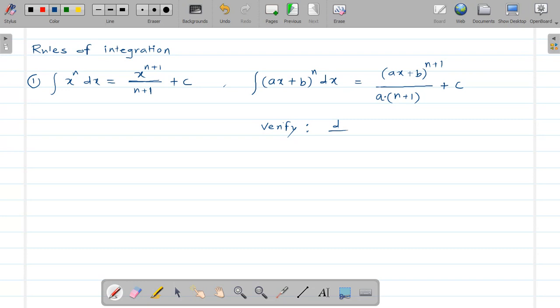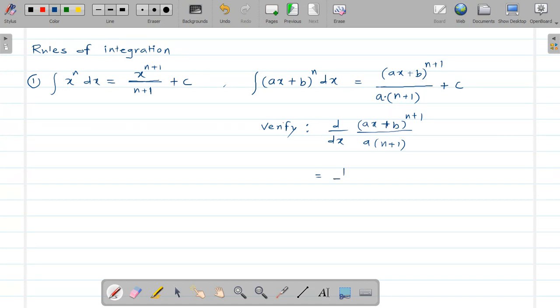To get the verification, you take the derivative of ax plus b raised to n plus 1 upon a into n plus 1. If you check the derivative of this term, then you will get the idea about this rule. Now how will you get the derivative of ax plus b raised to n plus 1 upon a into n plus 1?